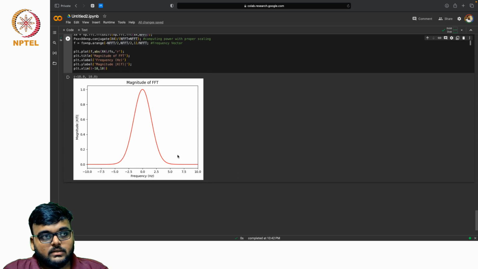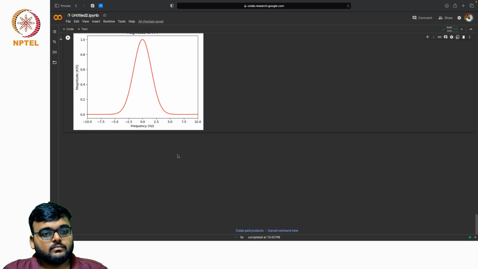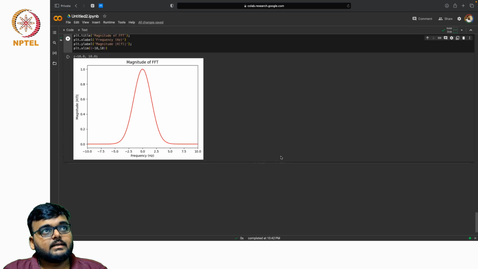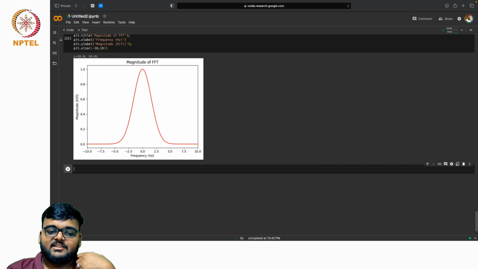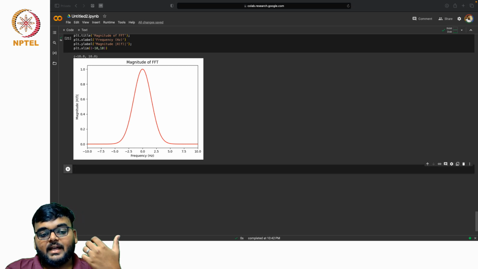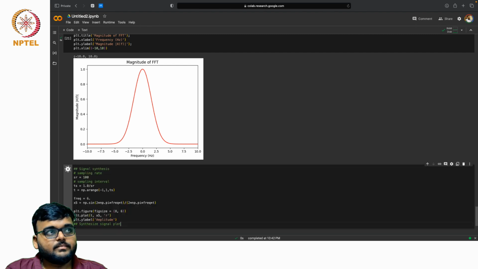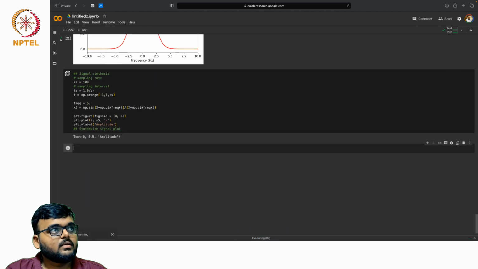So let's move on to another type of function, which is called the sinc function. Let's see whether the sinc function results in a rectangular one or not. So let's define a sinc function here.